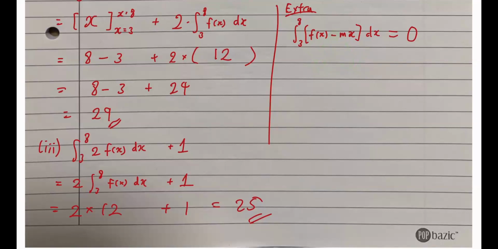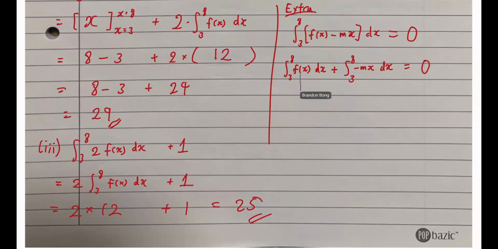Separate the terms. So you get the integral of the first guy, dx, plus integral of the second guy, negative mx, 3 to 8 dx, equals 0. Just make sure the 3 and 8 must repeat.